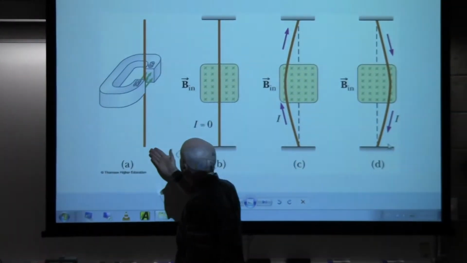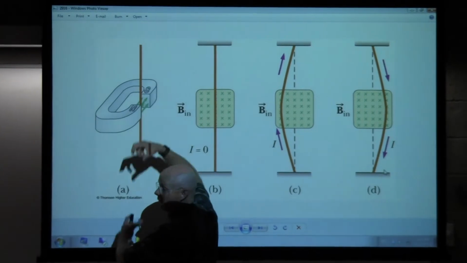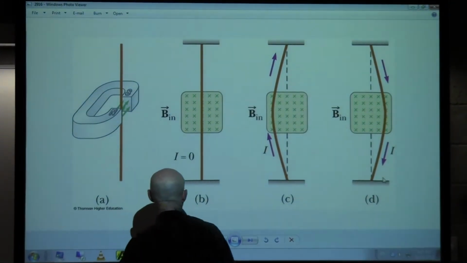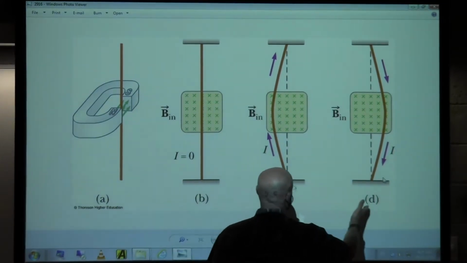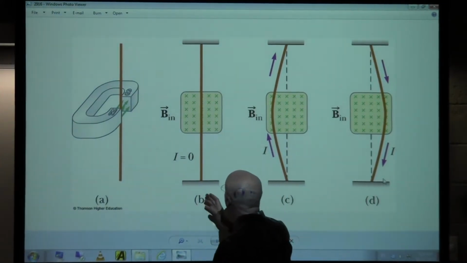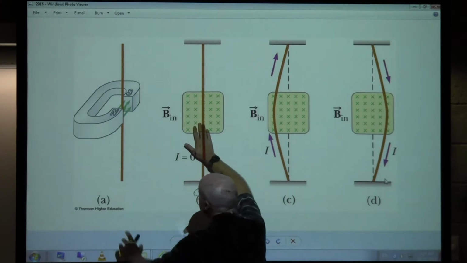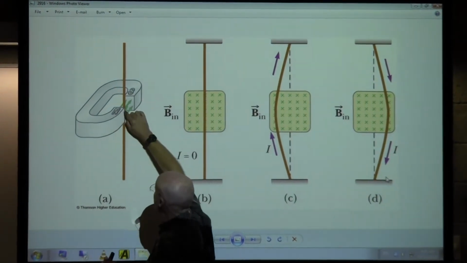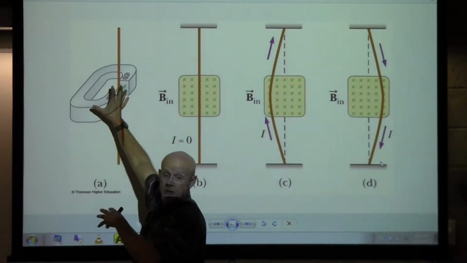And so A is showing you a wire that is in a vertical position with a magnet, North Pole to South Pole. And then B and C and D are extensions of that. And so kind of looking at this, if you take this magnet, this three-dimensional picture is trying to say what we have is we have a magnetic field going into the screen.